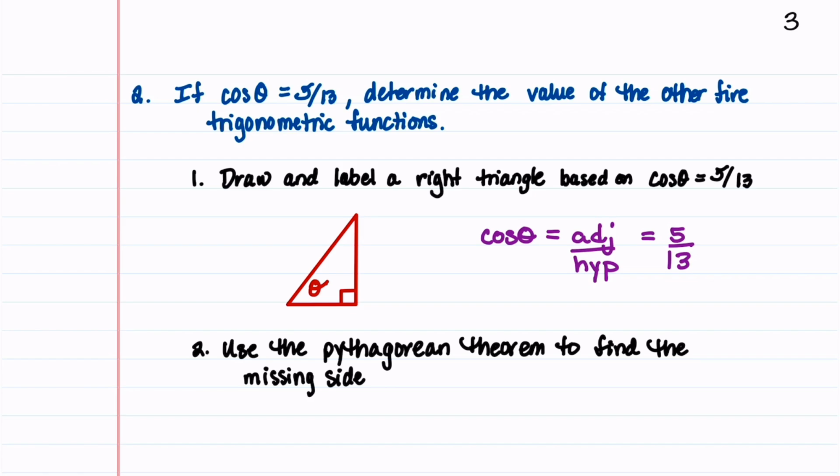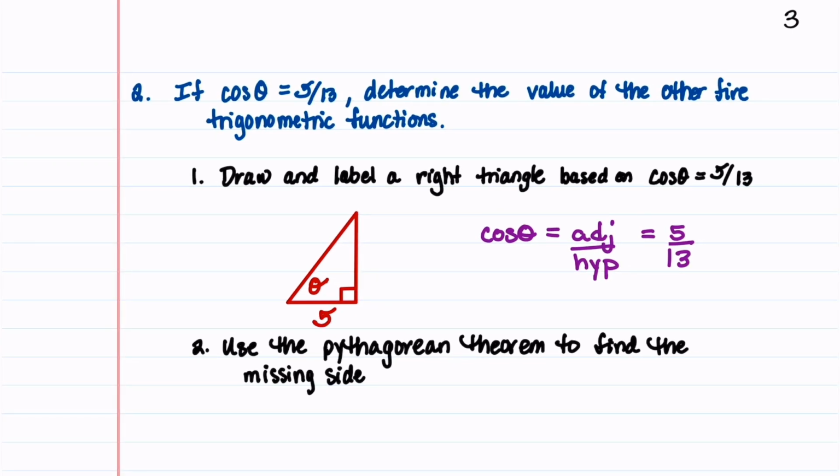So we can now label two sides and then use the Pythagorean theorem to find the missing side. So our adjacent side is 5, and our hypotenuse is 13.